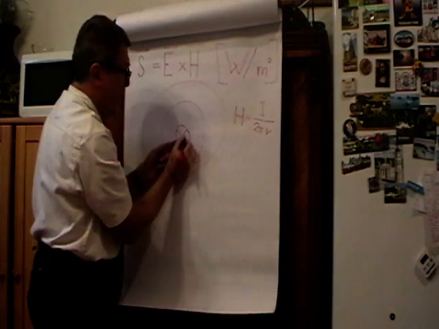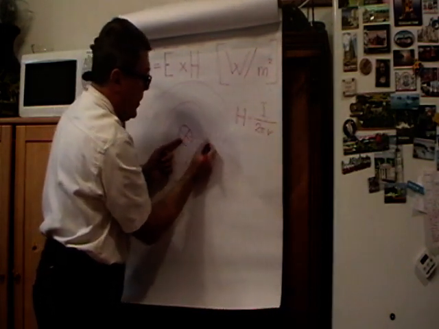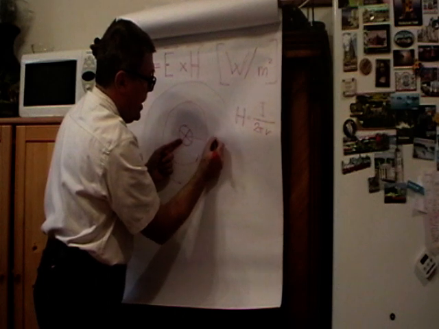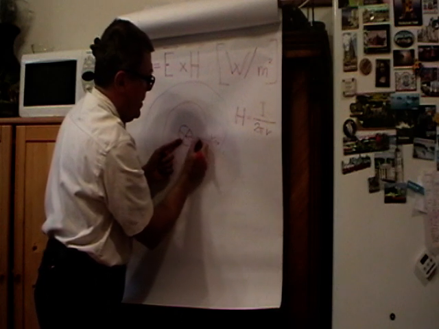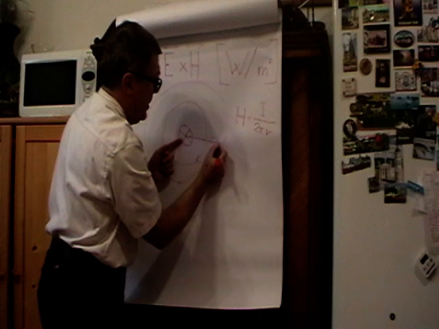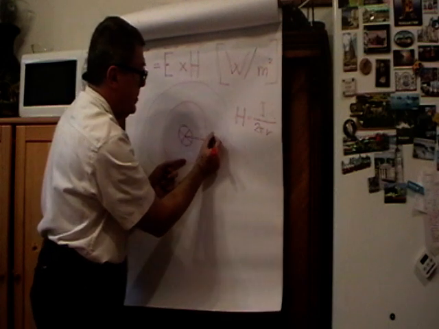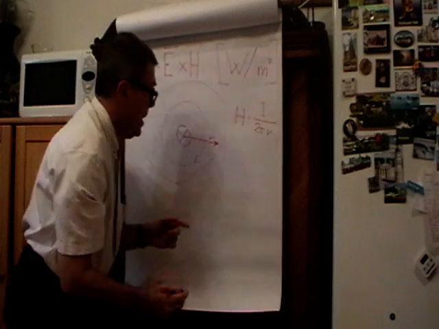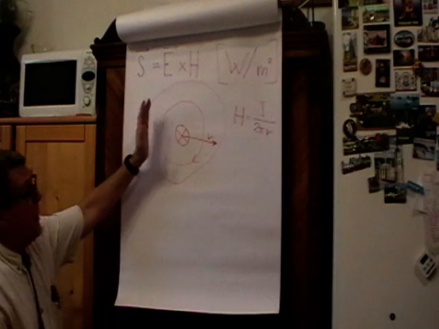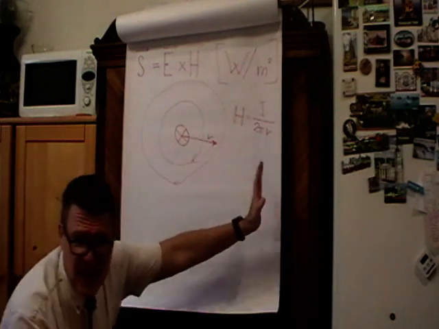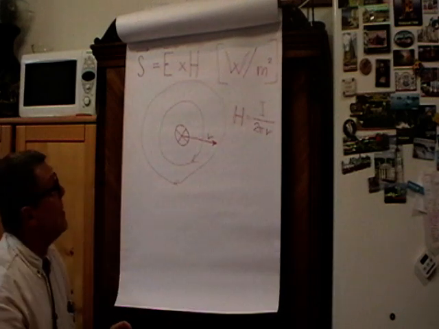So we have here a radius of r, so the field is decreasing with the distance.